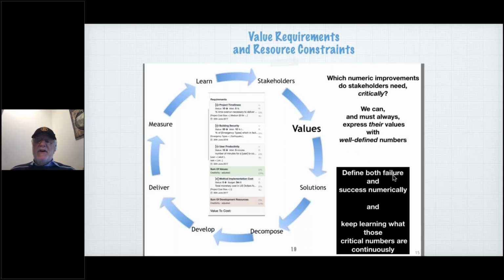Now these values define failure and success. If you're trying to get to a certain level to succeed and you have a numeric level there, that defines success. If you have a minimum level you have to get to avoid failure, we call that a tolerable level. We have actually formally defined failure. So the numbers define failure and the numbers define success numerically. And we can change those numbers, they're not static, as we learn that we have to have higher levels to be competitive, for example.